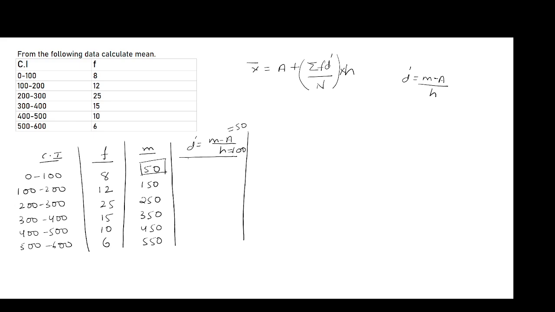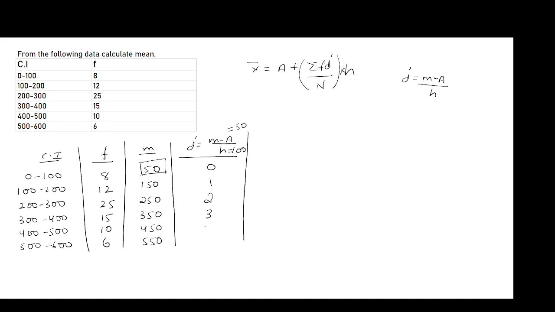Now I have to find the d dash value by subtracting the assumed mean from the midpoint and dividing by the width of the class interval. So 50 minus 50 is 0. 0 by anything is 0. 150 minus 50 is 100. 100 divided by 100 is 1. 250 minus 50 is 200. 200 divided by 100 is 2. 350 minus 50 is 300. 300 divided by 100 is 3. 450 minus 50 is 400.